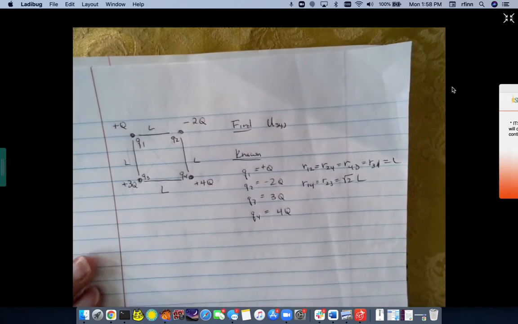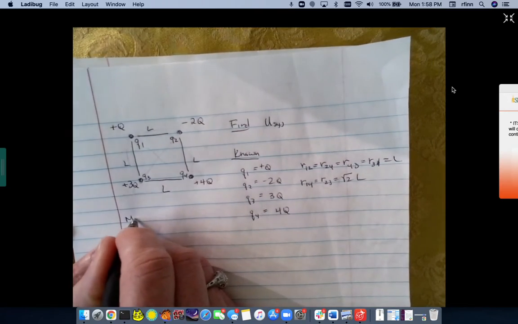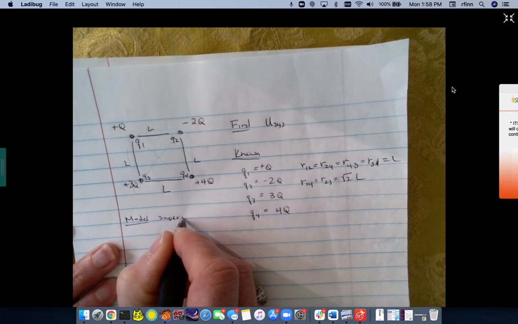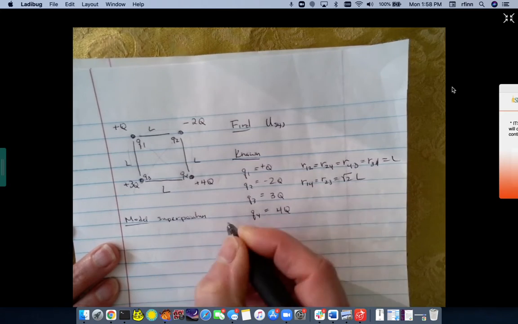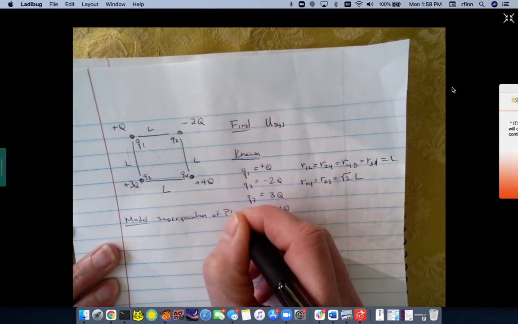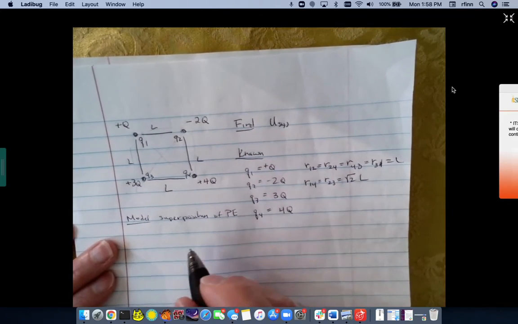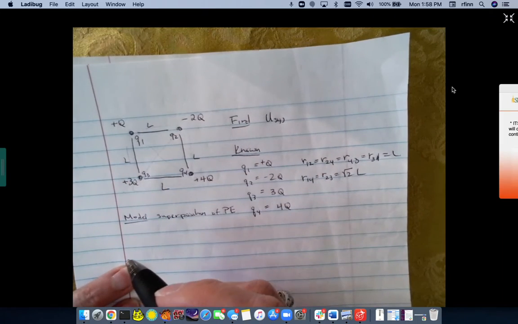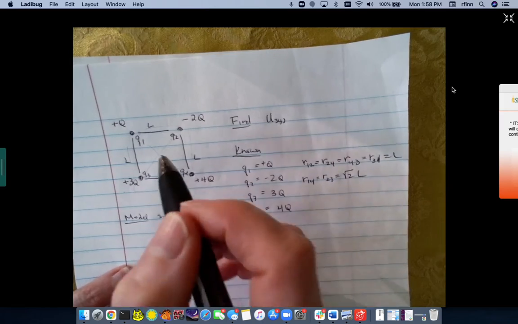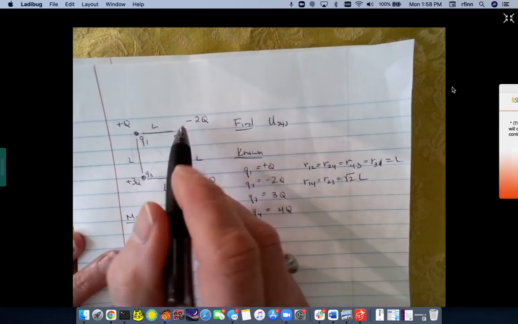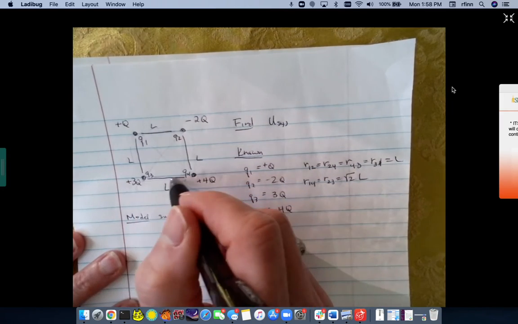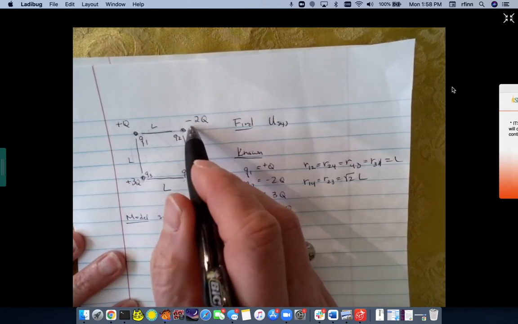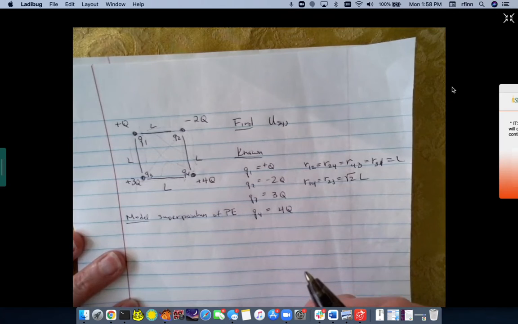Okay, so our model is going to be superposition again. Superposition of potential energy, meaning that we can sum up the potential energy between all the pairs that we can make in this square. So we kind of just did that. We have 1 to 2, 2 to 4, 4 to 3, 3 to 1, and then the diagonals 1 to 4 and 2 to 3.